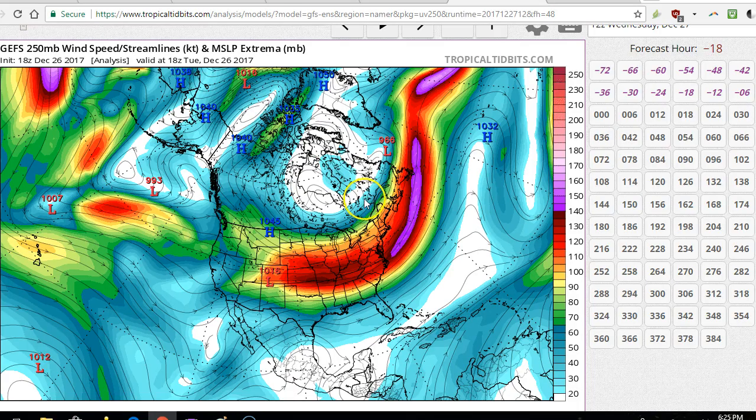We can look at why these areas of high pressure are so strong on the GFS ensembles. One of my favorite things to talk about in meteorology is the jets, in particular jet streaks. When you are on the right side of where the jet streak is beginning, a jet streak being a maximum in the jet stream, you generally get more areas of lift for low pressure, because that's where you get areas of upper level divergence, where winds at the very top of the atmosphere spread out.